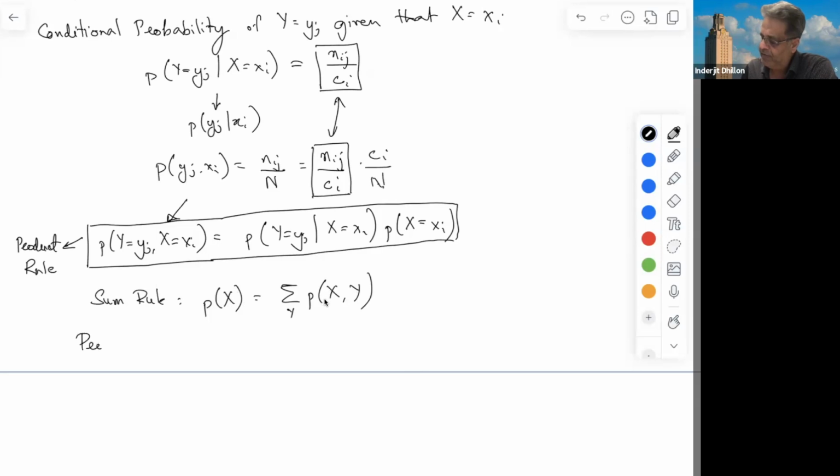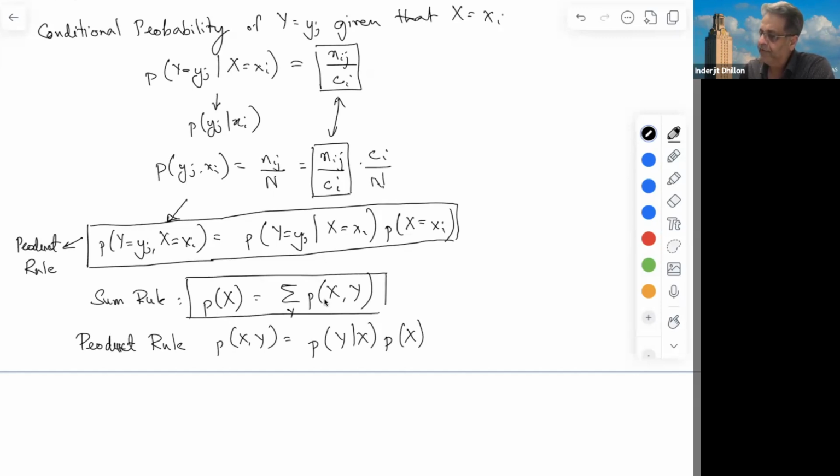And then we get the product rule: P of x comma y is equal to P of y given x times P of x. This is the sum rule, and this is the product rule.